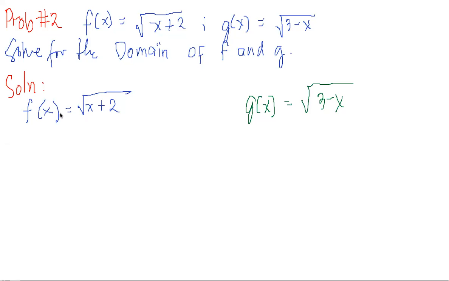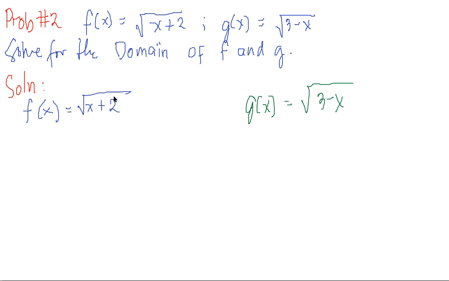So we have here the function f, which is a radical expression or a radical function. Since the index is even, there is a possibility that the value under the root is negative, and the square root of a negative is imaginary.